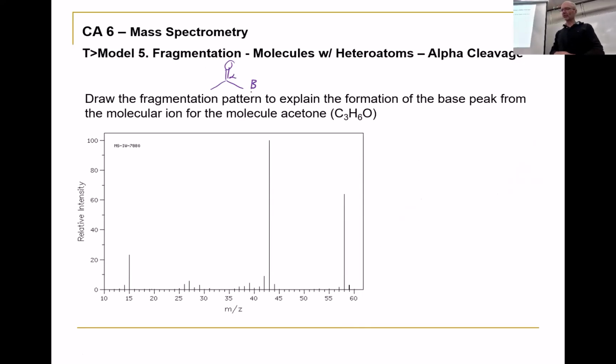And I'm asking you to draw the fragmentation pattern that would explain the molecular ion. To set the context, we have 57 atomic mass units, and we have 43 atomic mass units. So if you're starting to realize that methyl groups get lost frequently, that's a good thing. Now, hold on. 43, 57.